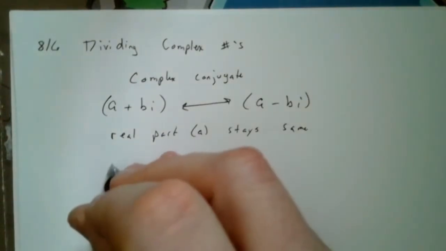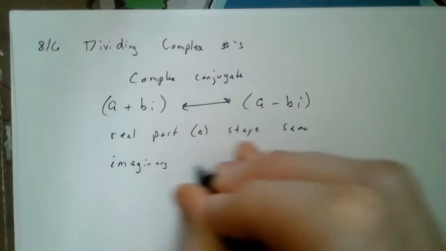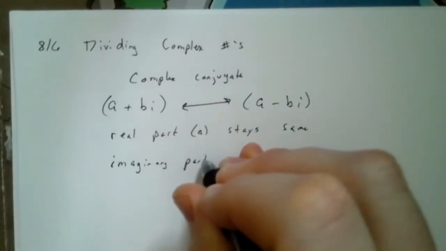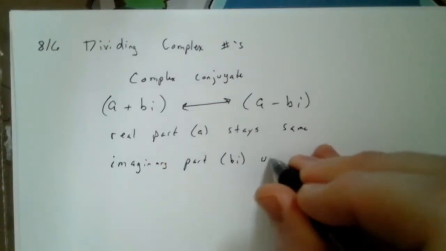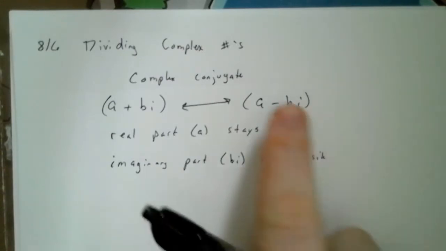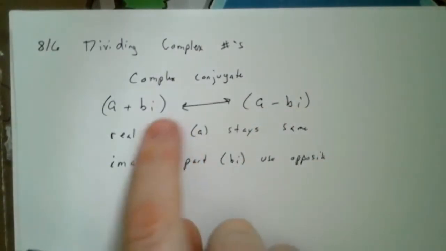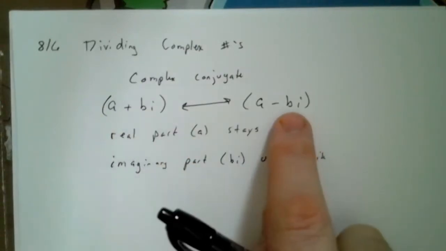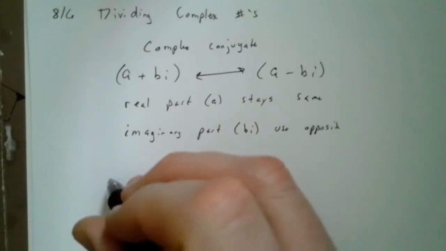So for the imaginary part, which is bi, we use the opposite, because remember, this doesn't necessarily mean negative or minus. It means the opposite of bi. So whatever the sign is, we're going to change it. Now, some examples.